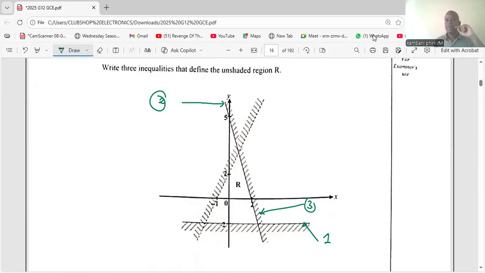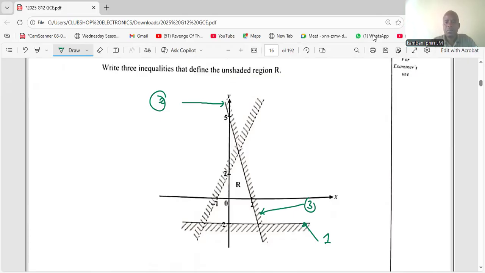Okay, so the first line is straightforward, right? Even if you are told in an exam that you're remaining with 20 seconds, you're able to write the inequality for that one. So you look at the first line, that is just passing through only one axis, the y-axis.